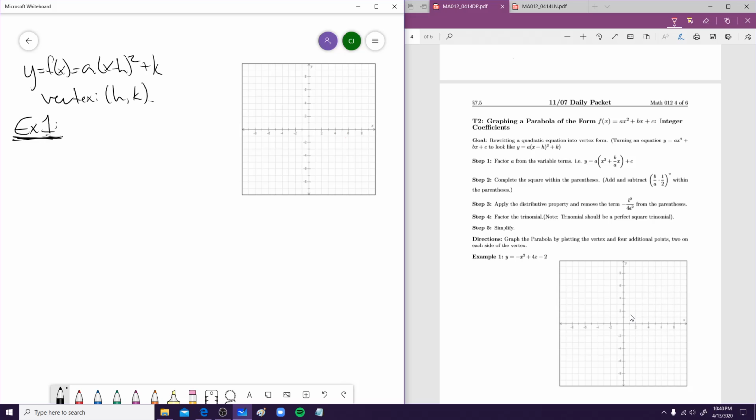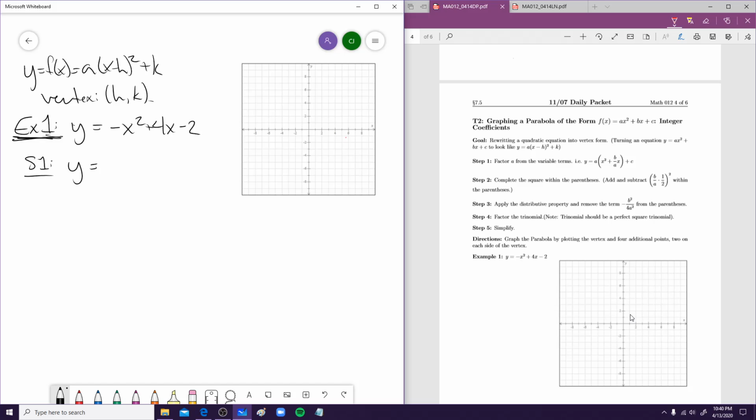So the first example that we're going to look at is y is equal to negative x squared plus 4x minus 2, right? And then what is step 1? Step 1 says factor a from the variable terms. So what do I mean? We're ignoring the c and we're just factoring a out of the terms that have variables.